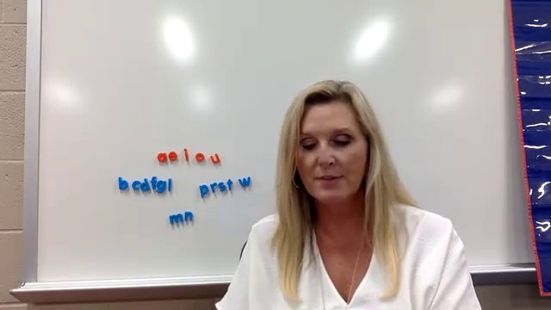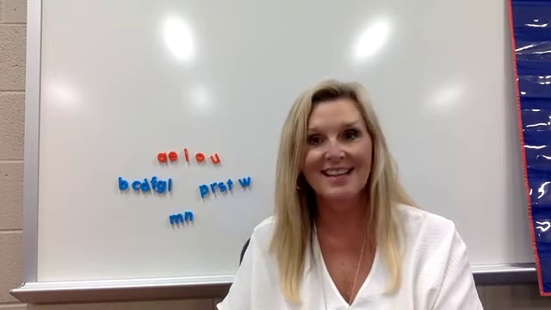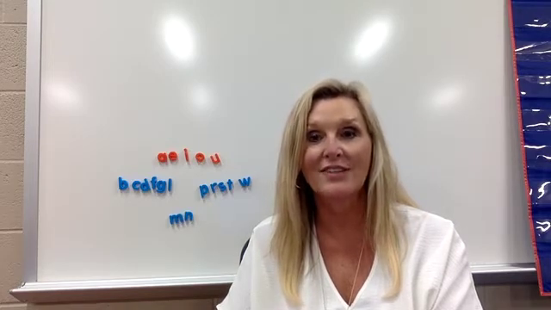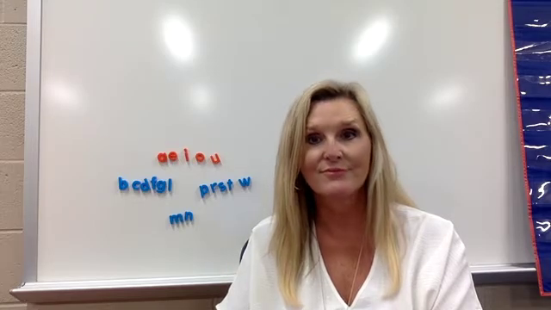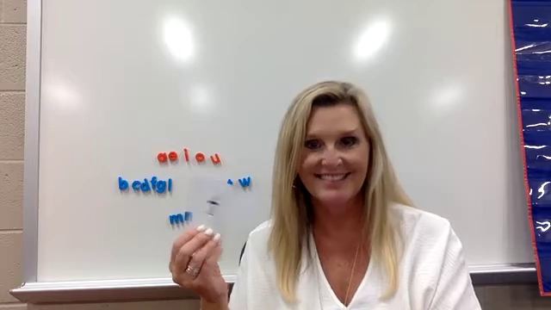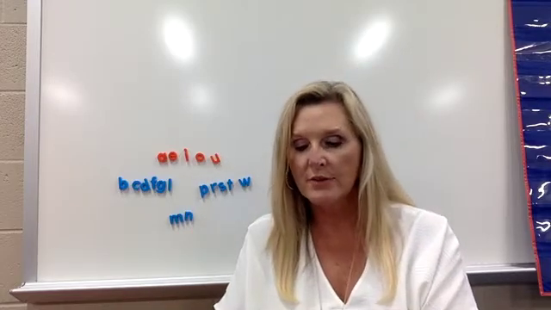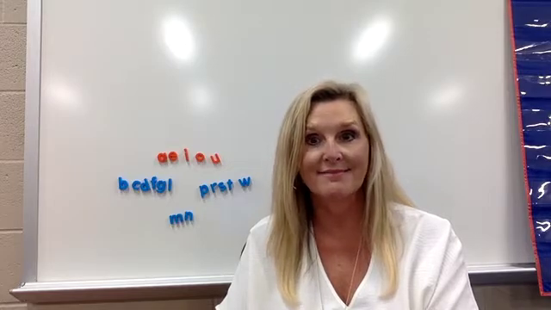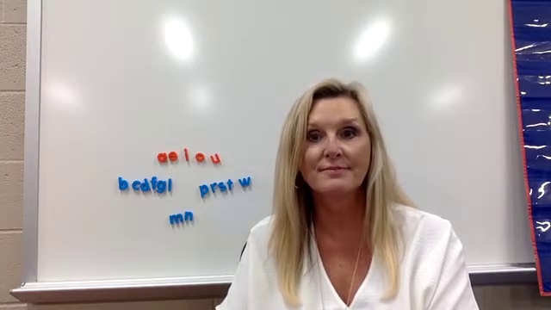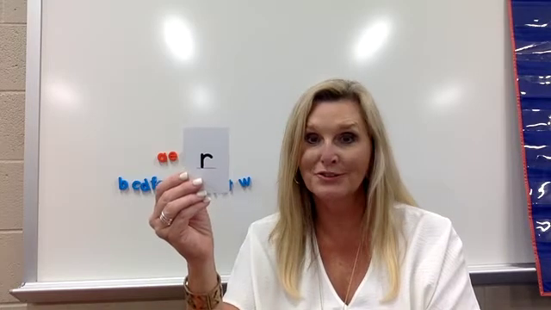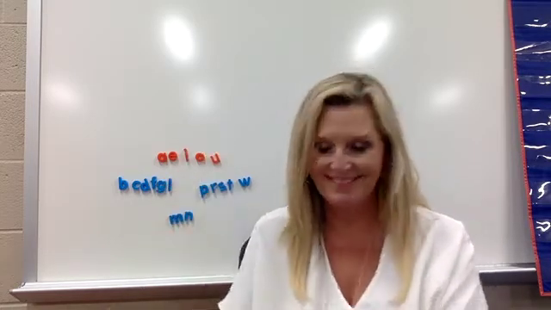What letter spells the T sound, like in table and tiger and turtle? You're right. Letter T says T. Good. What letter says R, like in rabbit? Letter R says R like in rabbit. Good job.